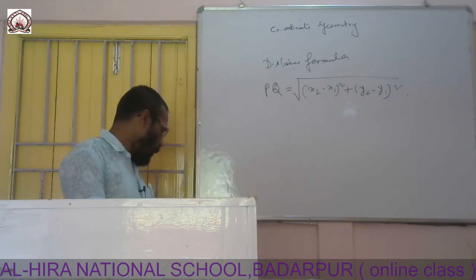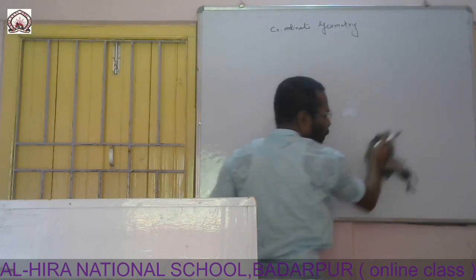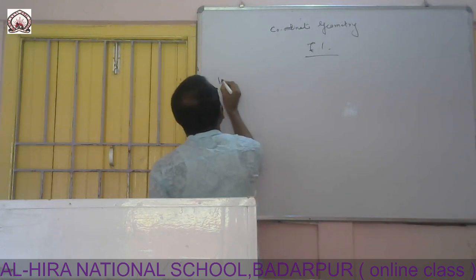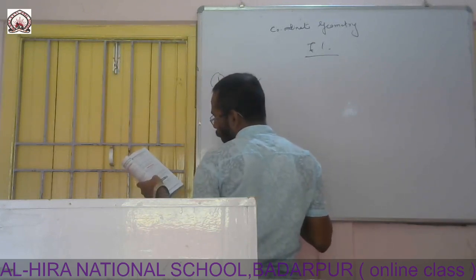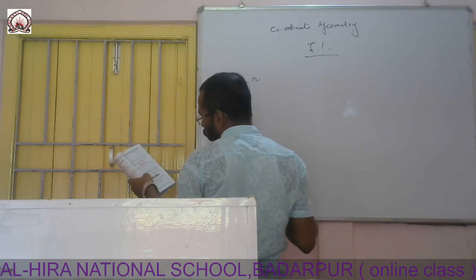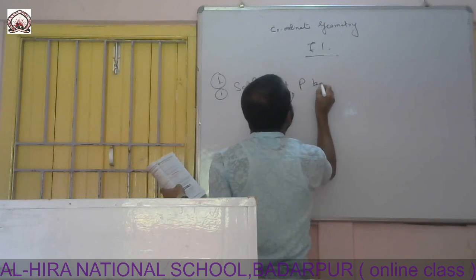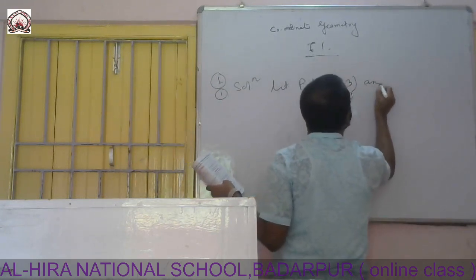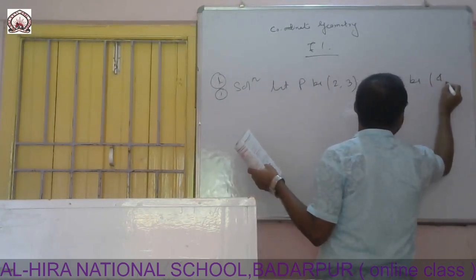So exercise 7.1, first question number 1, then solution. The distance between 2, 3 and 4, 1. So let P be 2, 3 and Q be 4, 1.